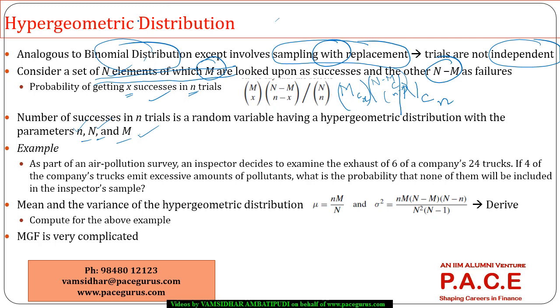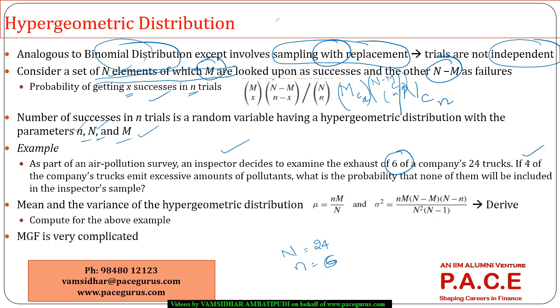Look at this example, that would be much more comfortable for you. As a part of the air pollution survey, the inspector decides to examine the exhaust of 6 of the company's 24 trucks. So overall, there are 24 trucks, which is capital N. But as a sample, the inspector wanted to look only at 6 of them, so small n is equal to 6.